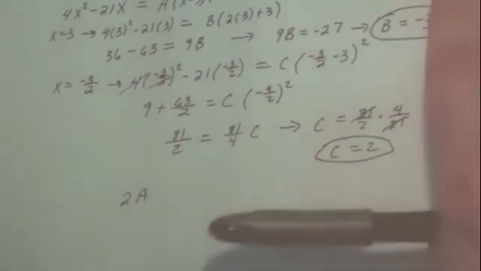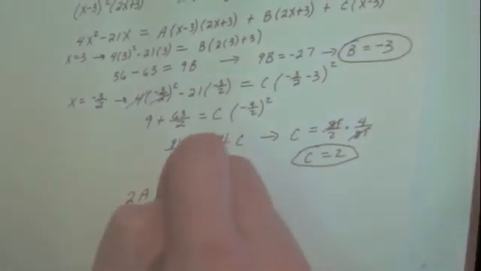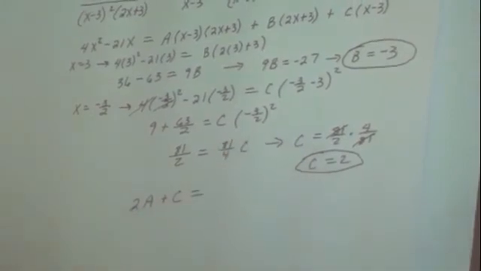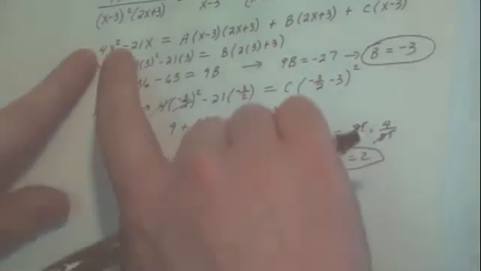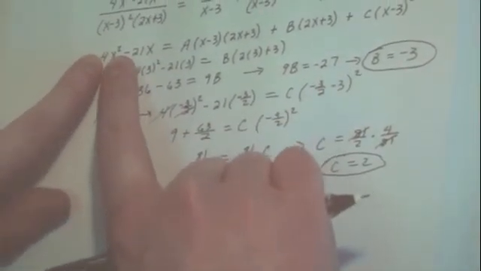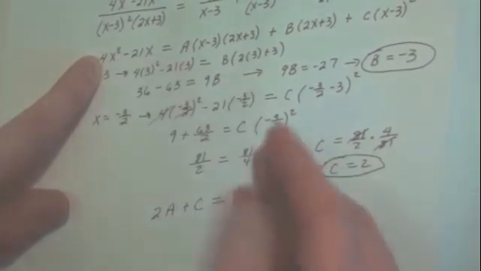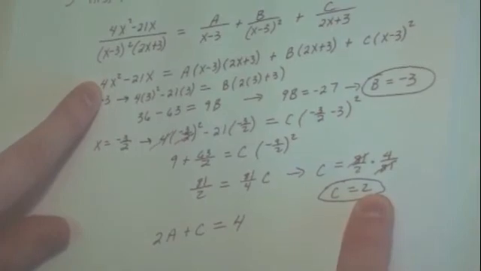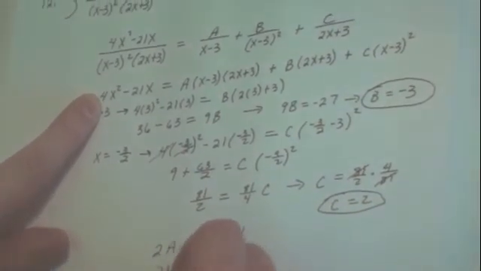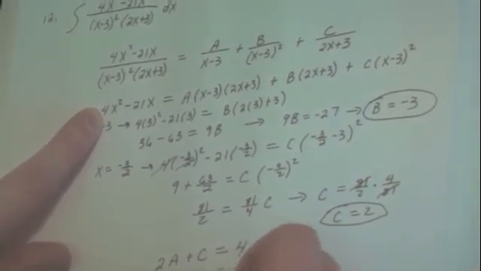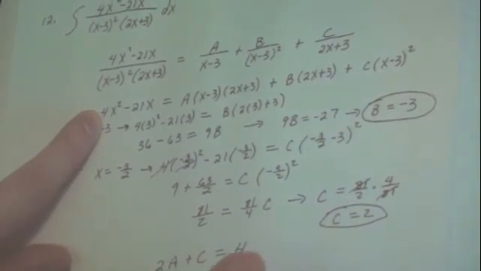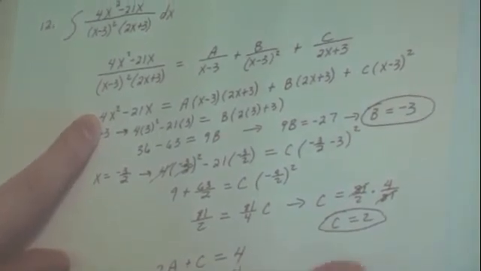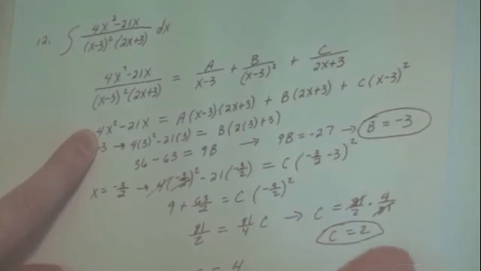I know 1C is a coefficient of x squared. So 2A plus C must equal the coefficient of x squared, 4. But we already know C is 2, so I get 2A plus 2 is 4. Thus, 2A is 2 and A is 1.